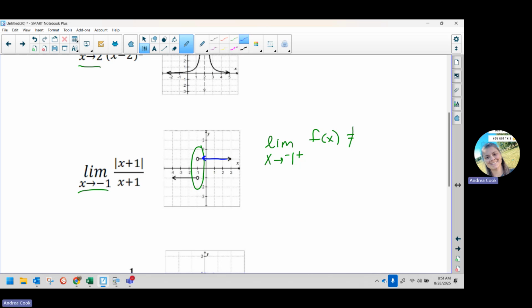As I approach -1 from the left, my y value is -1. So the limit as x approaches -1 from the left and right are not equal, because this limit was 1 and this limit was -1.